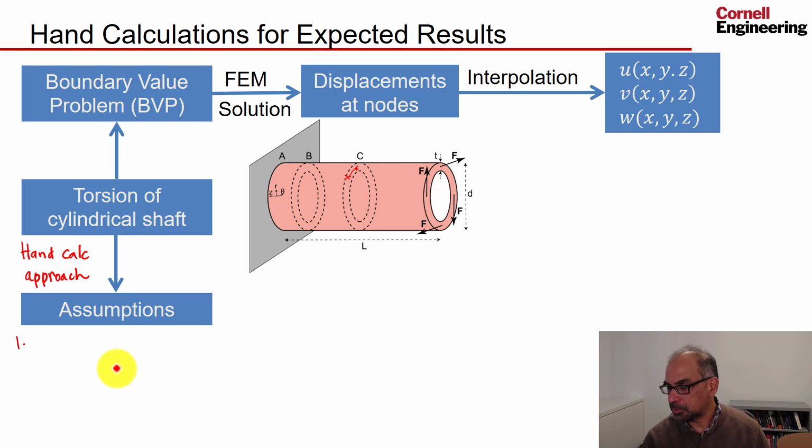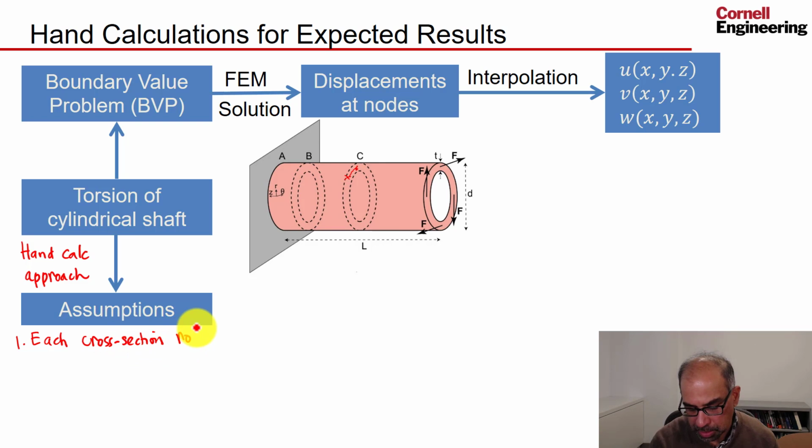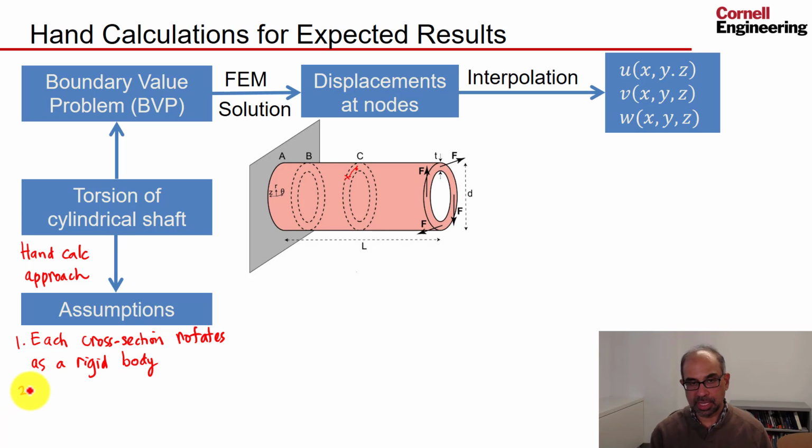So let me write that down. So you'll say each cross-section rotates as a rigid body. And the second assumption you make is that the amount of rotation varies linearly along the axis.